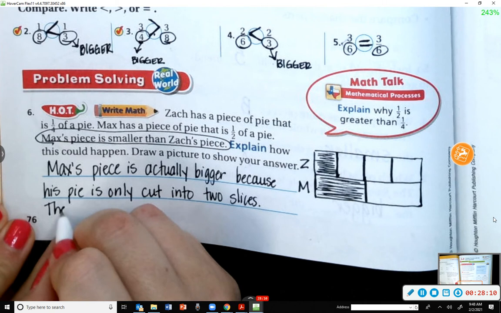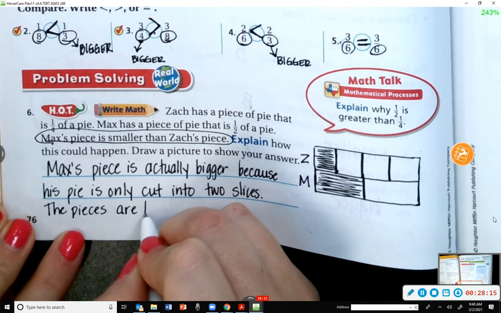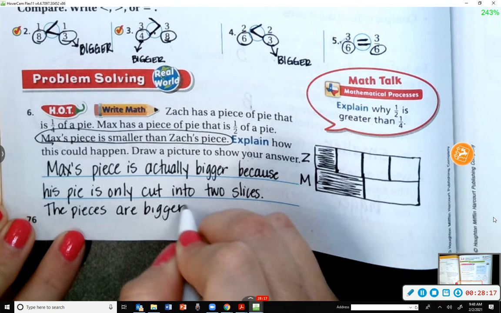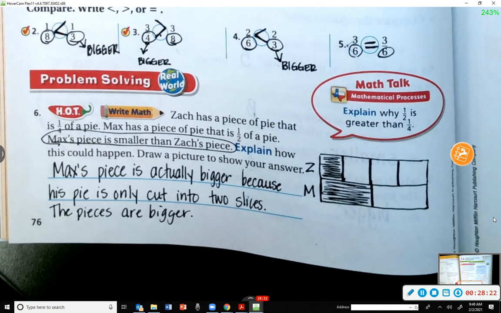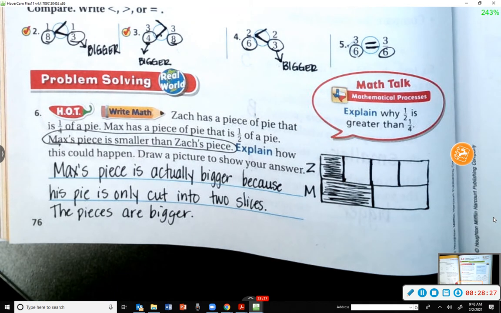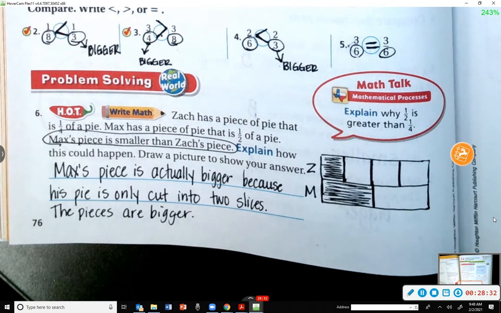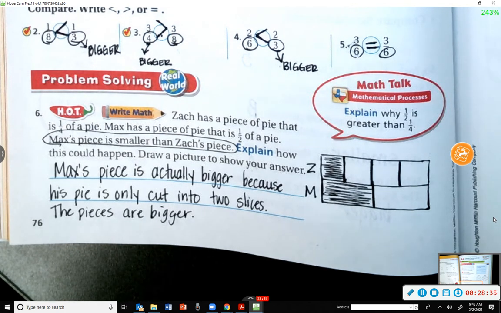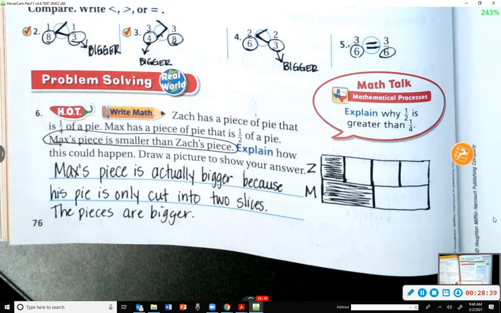The pieces are bigger. Okay, so the smaller denominator actually means the pieces are bigger. So Max, he must have just got confused. He thought, well, I'm only getting 1/2. 1/4 seems like more because 4 is bigger than 2, but really, it's the opposite.